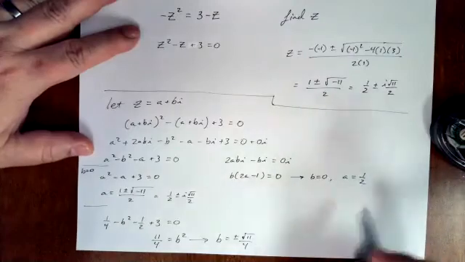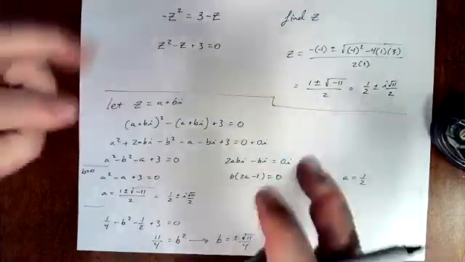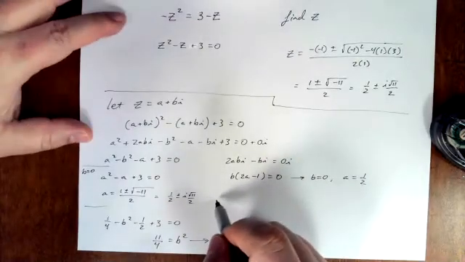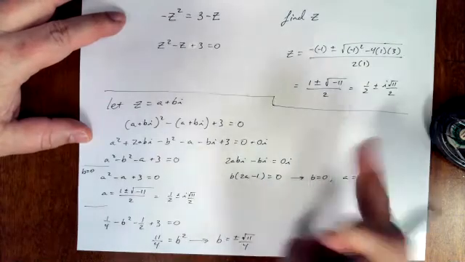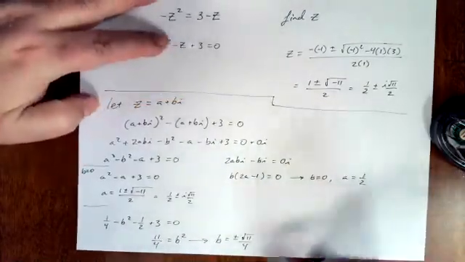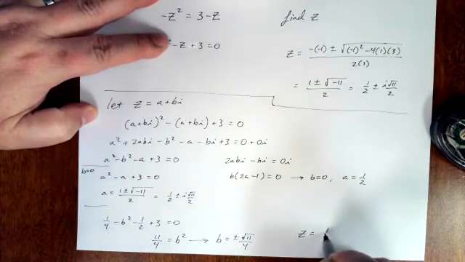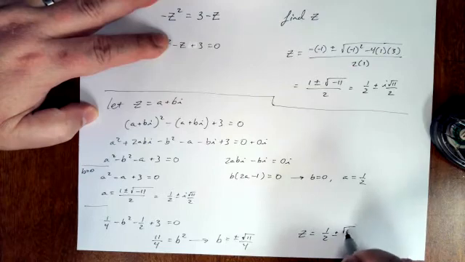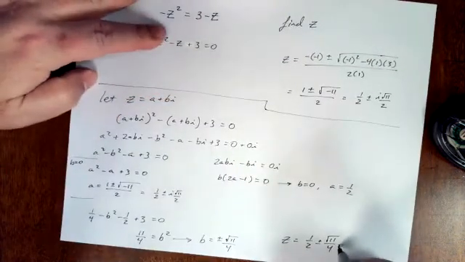And with my a and my b together, the real part is 1/2, and the imaginary part is plus or minus the square root of 11 over 4, which gives me the same answer. In a plus bi, b is the complex part, so it has an i on it.